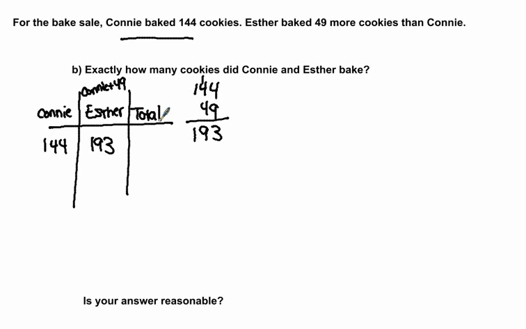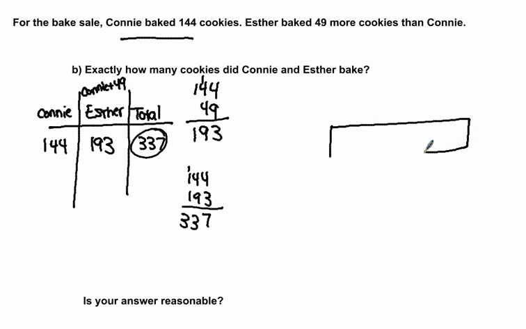Esther baked 193 cookies. To find the total, add 144 plus 193. 337 is our answer. If you made a tape diagram, it would probably look something like this.